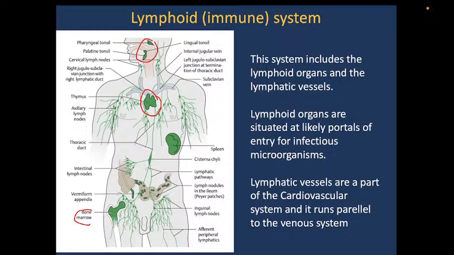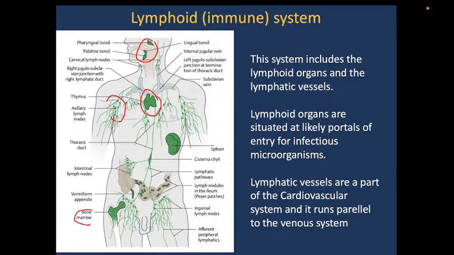Some of the organs are located in the small intestine, and a lot of small lymphatic nodules located in different parts of our body are also organs of the immune system.